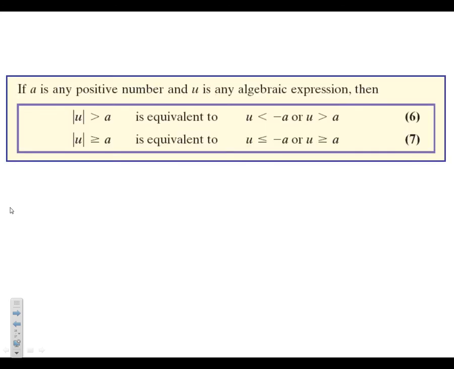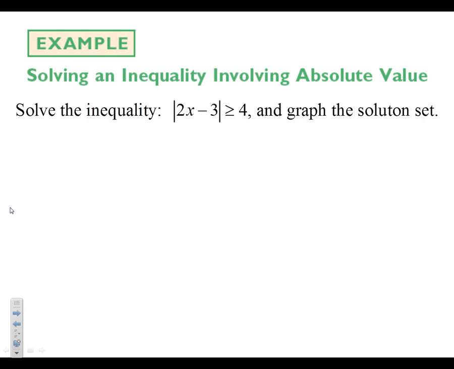Let's try one where we don't just have x by itself. 2x minus 3 greater than or equal to 4, or less than or equal to negative 4. Let's add 3. 2x is greater than or equal to 7, or less than or equal to negative 1. Let's divide by 2 everywhere.